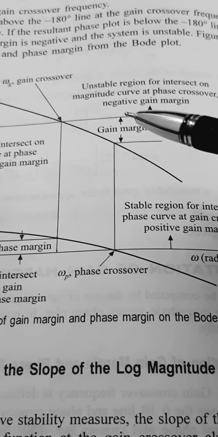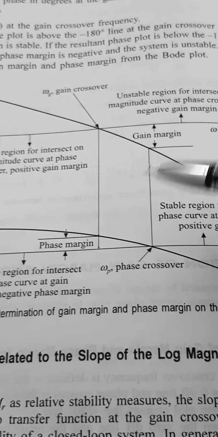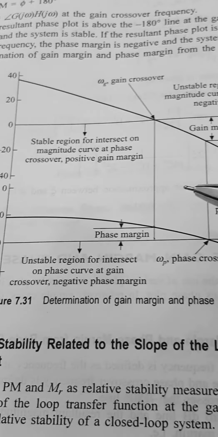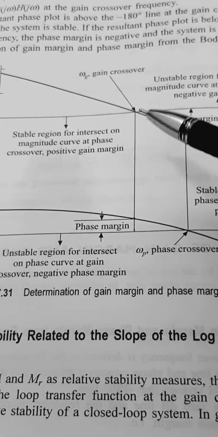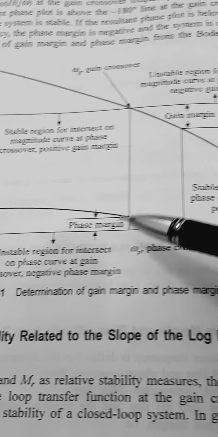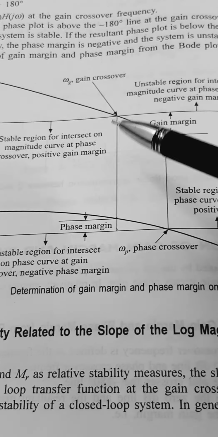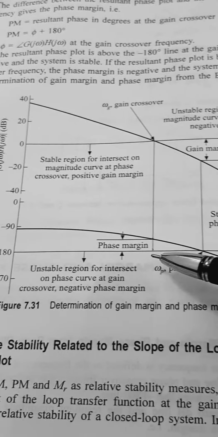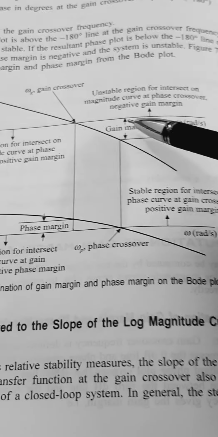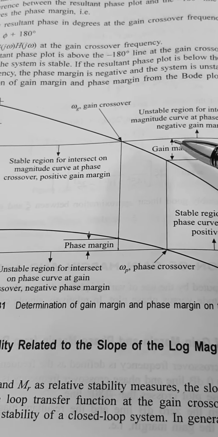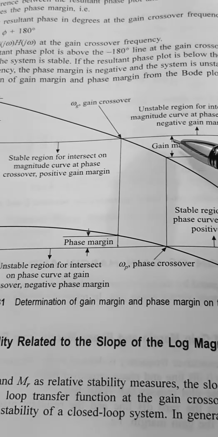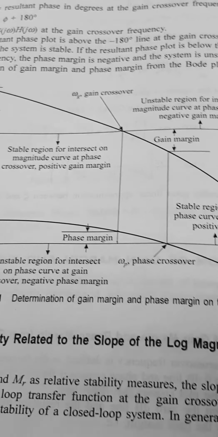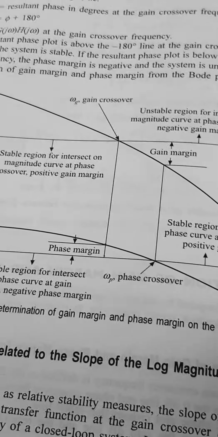Whenever the magnitude at the phase crossover is below 0 dB, it is stable, and when the phase at the gain crossover is above minus 180 degree, it is also stable.